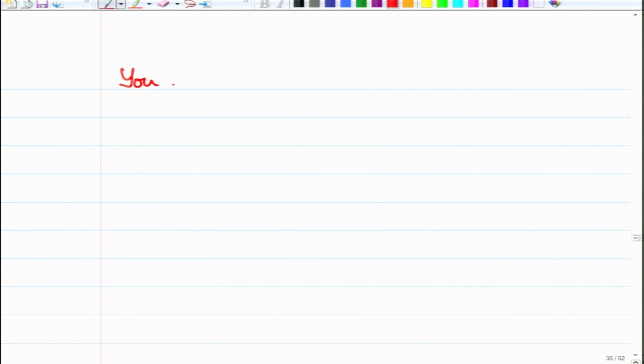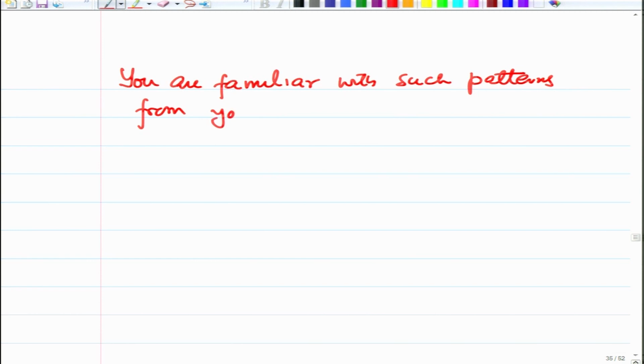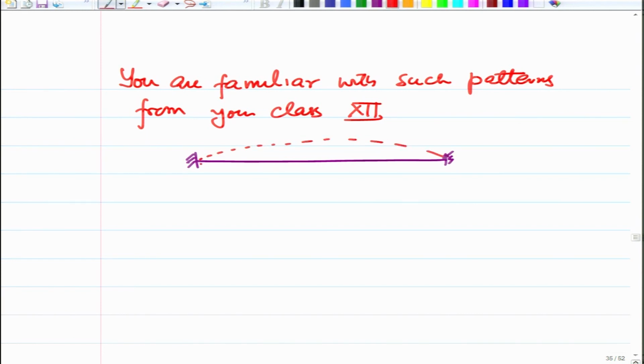You are familiar with such patterns from your class 12. And what is that? Consider a string between two ends and vibrating, right. When it vibrates, it can vibrate in its fundamental mode like this.